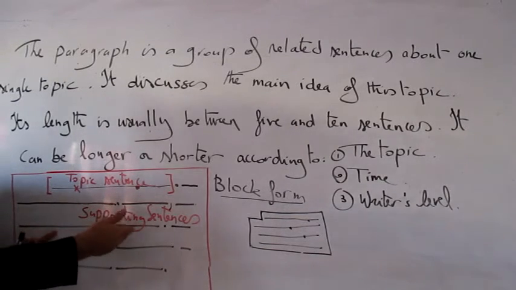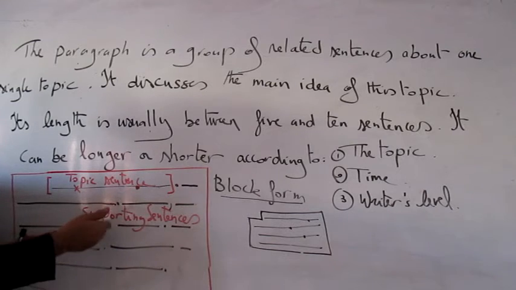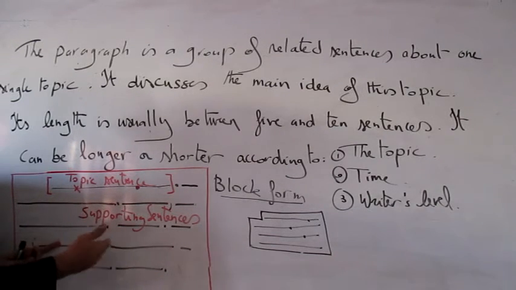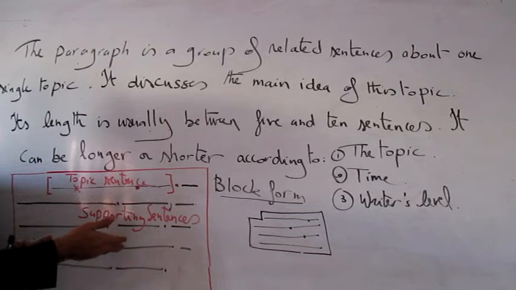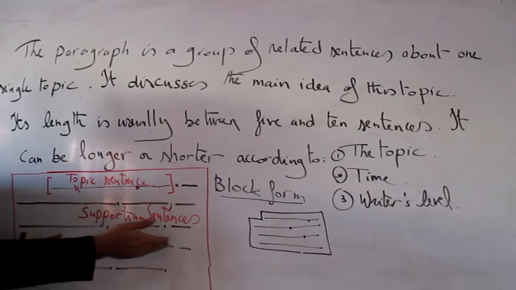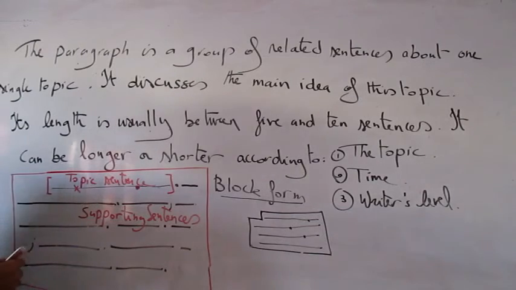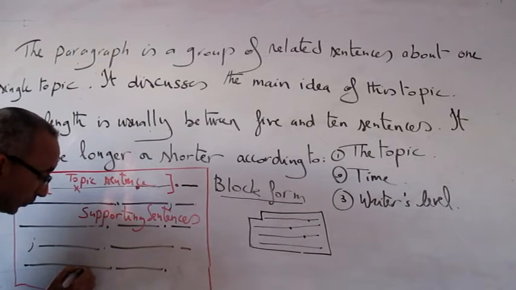You explain how poverty contributes to drug consumption, with some examples if you want. Then the third one, bad company: how bad friends, in a line or two, affect the person and make him a drug addict. And finally, before you end the paragraph, you have to conclude it.